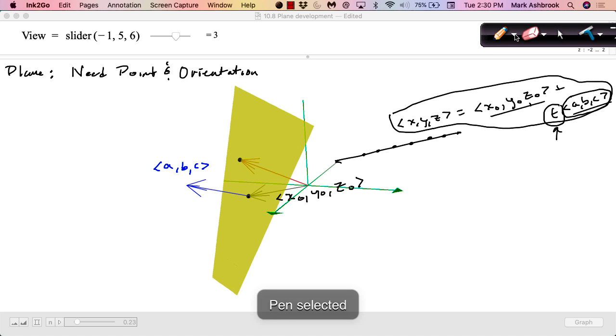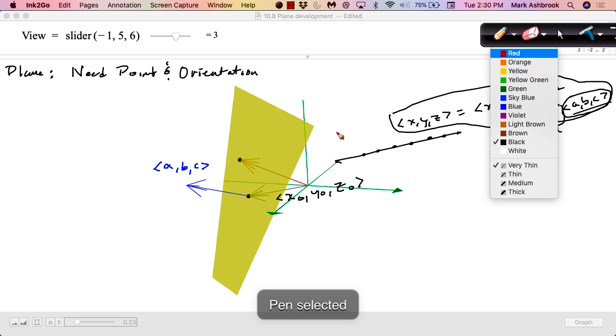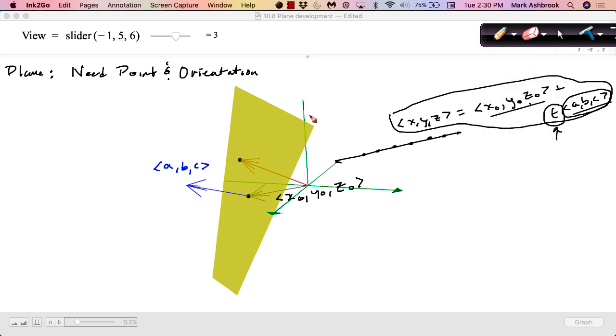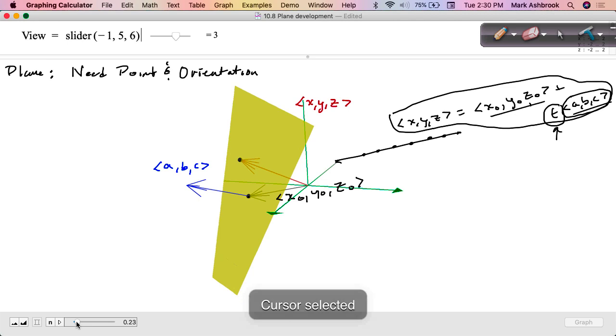That's represented by x, y, z, a variable point. So x, y, z is every point in the plane. Yes, the red one can move to any point.